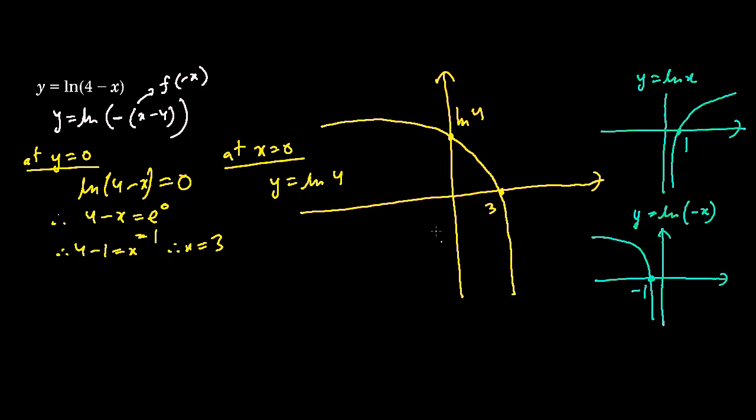This is going to be the shape. So that means the asymptote is going to be this one at 4. So when you have a logarithmic sketch like this, the best thing to do is figure out where does it cut the x-axis and where does it cut the y-axis.